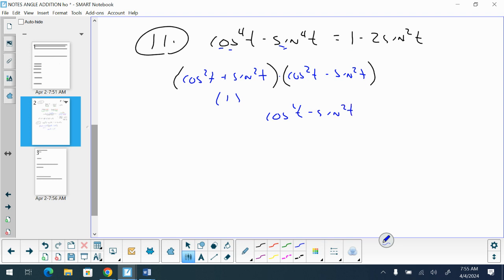Now what we have to take a look at is what we are trying to get to. I have cosine squared minus sine squared. I want to get to just 1 minus 2 sine squared of t. Well, I've got cosine squared and sine squared. What do you need to get rid of? Cosine squared. How do I get rid of cosine squared? Cosine squared is equal to what? 1 minus sine squared. So we have 1 minus sine squared t minus another sine squared t.